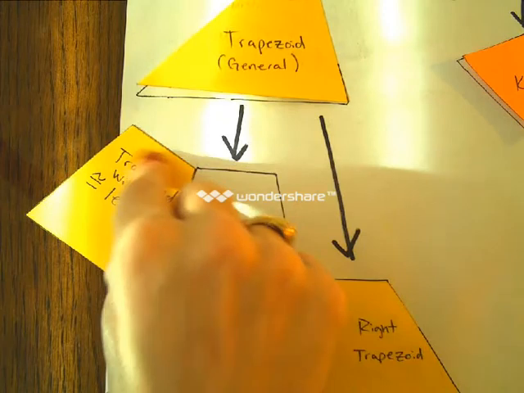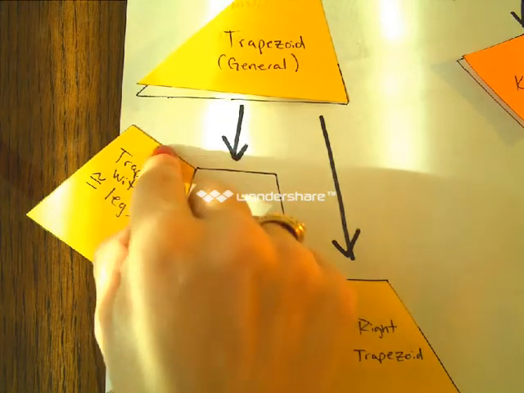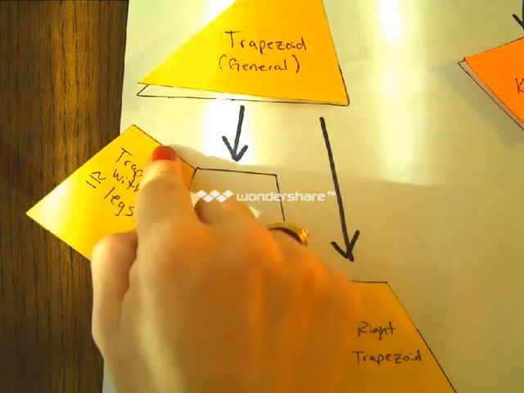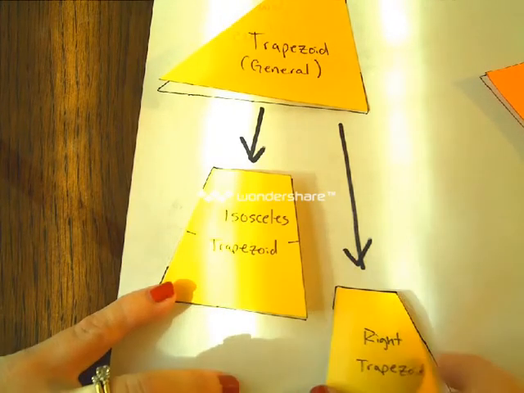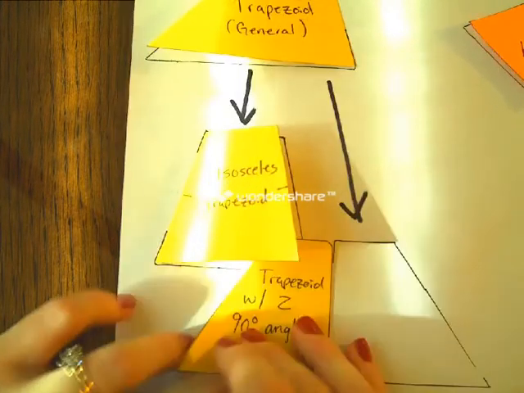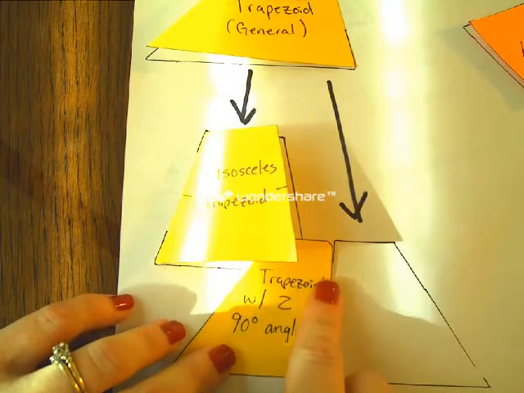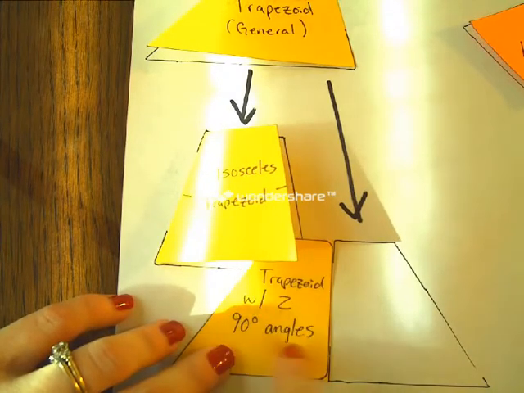That's very important wording. You'll see that pattern throughout the entire chart today. Again, a right trapezoid. The very first word in the definition is going to say that it is a trapezoid with 2 90-degree angles. So that means all the characteristics of this have to match the characteristics of that.